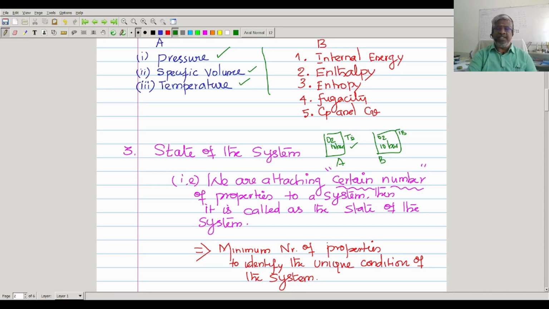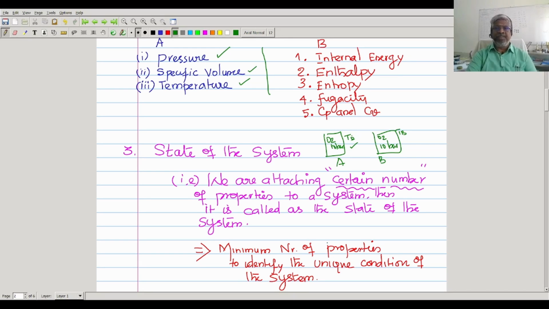Once you specify the temperature and pressure of it, automatically volume and other properties are fixed. You cannot attach a volume to it when you have defined a temperature and pressure. So it is the minimum number of properties to identify the unique condition of the system. That is what we call the state of the system.